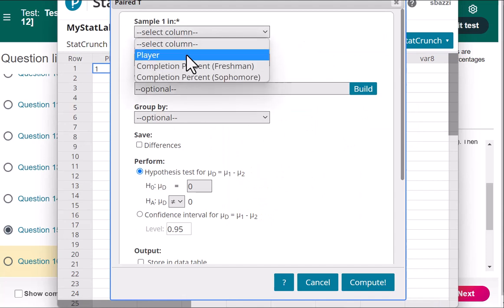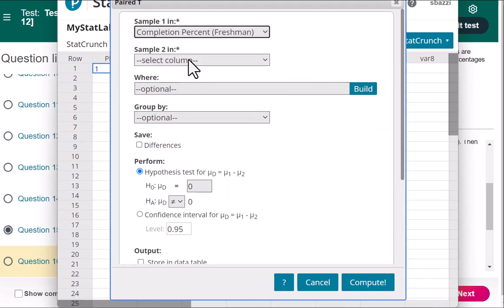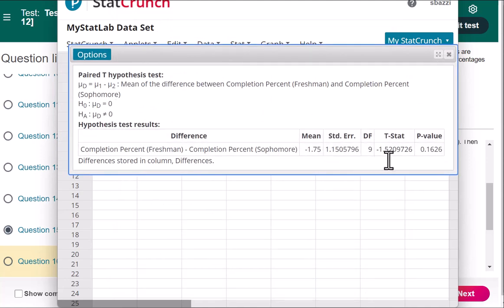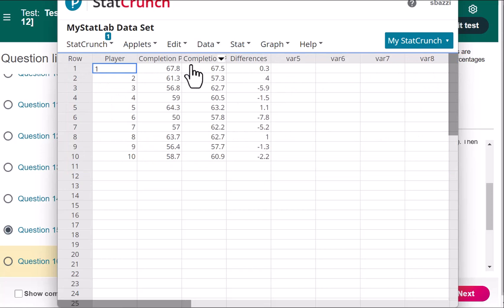Column 1, freshman, column 2, sophomore, and I want to save the difference, so StatCrunch is going to subtract the differences, and we now want to test that mu of d different from 0, compute. And look guys, the test statistic is negative 1.52, and look at the p-value 0.16, which is more than alpha. You fail to reject the null hypothesis, and look at the differences. 67.8 minus 67.5, 0.3, it did the differences for you.